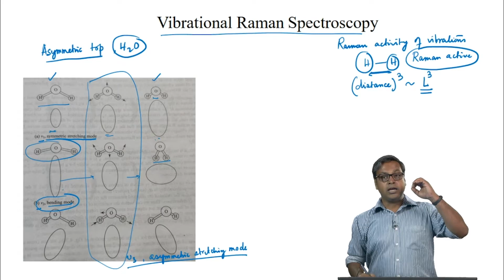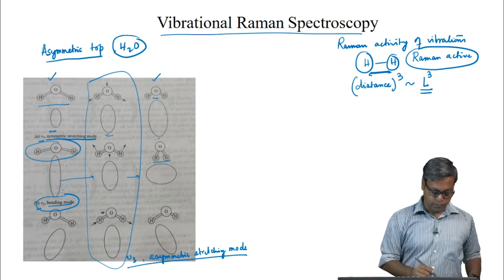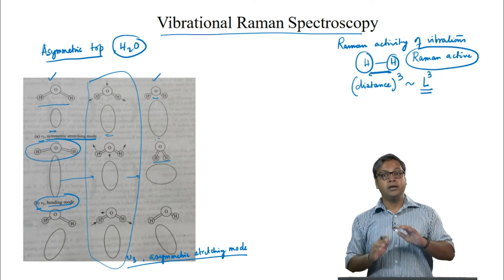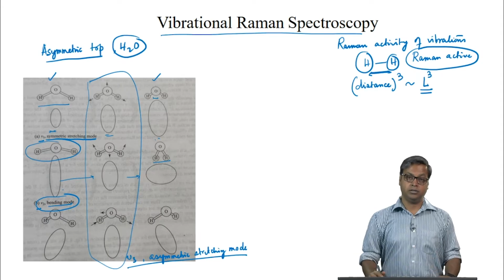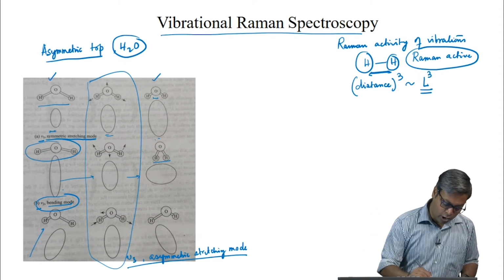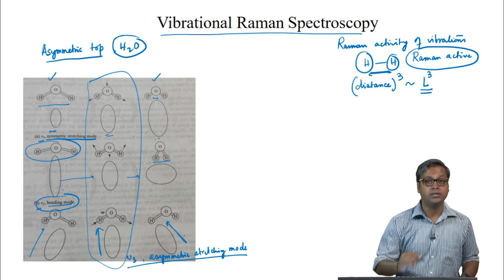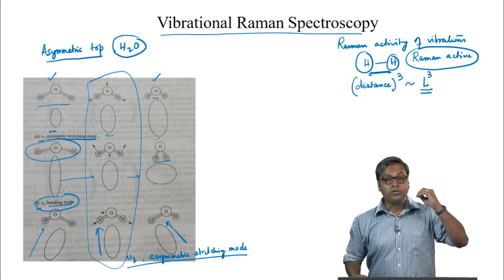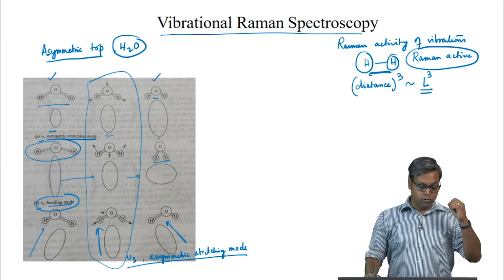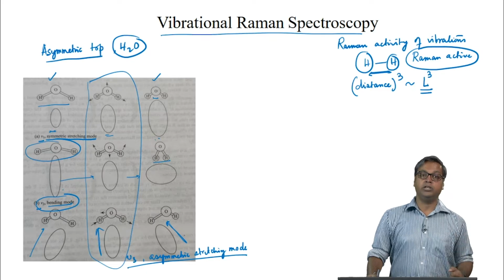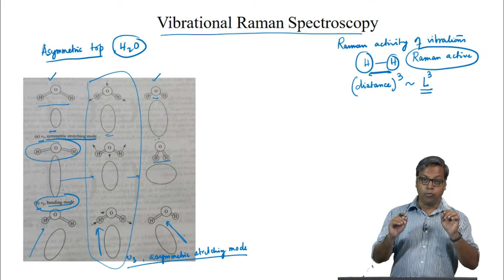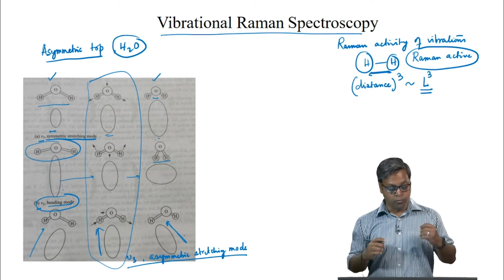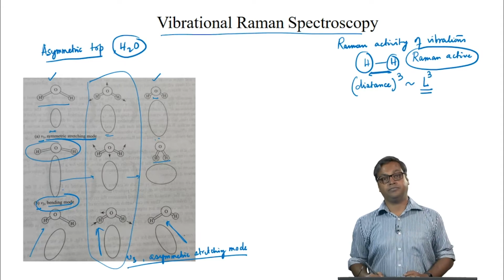In the asymmetric stretch, which is the third one, the bond shape and size remain approximately constant, but the direction of the major axis changes remarkably. Thus, all three modes, nu 1, nu 2 and nu 3, involve changes in the polarizability ellipsoid in one form or the other, and thus all these modes are Raman active.